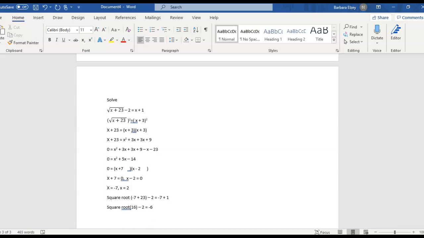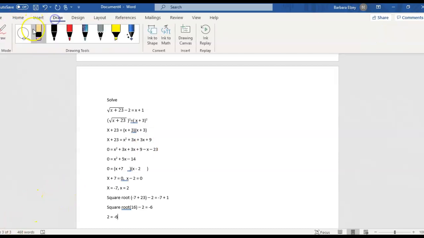And the square root of 16 is 4. So we have 4 minus 2 is 2. Yeah, those are definitely not right. So let's go back to my draw here. And I know that this one doesn't work. Now we've got to check both of them because sometimes both of them won't work. It's not likely, but we'll check it.